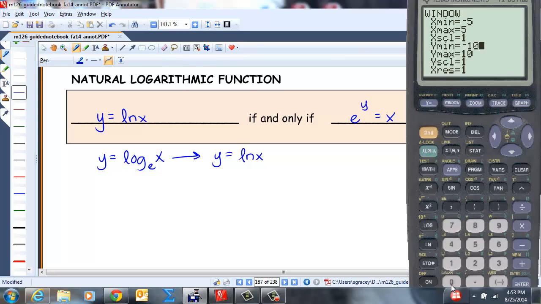We'll keep it -10 to 10 on the y. Kind of messed up our, let's try zooming square, sorry. I was trying to get a nice picture of it for you. We'll probably just stick with this guy. All right, this works for me.